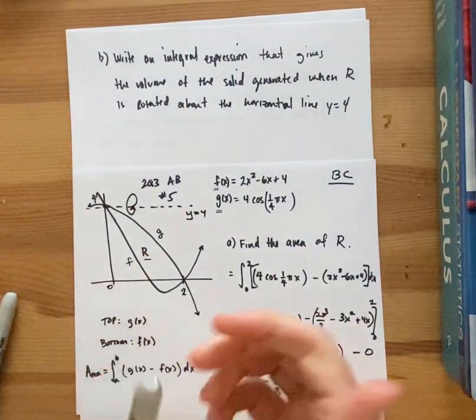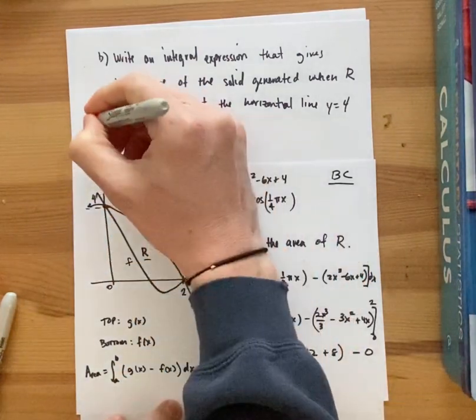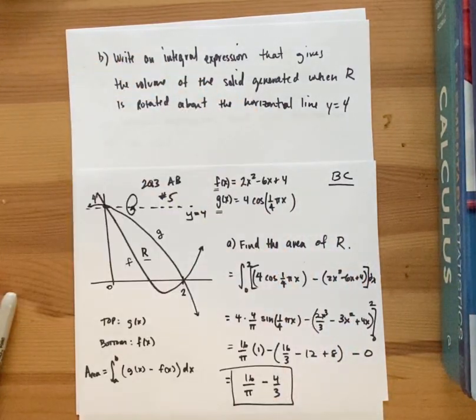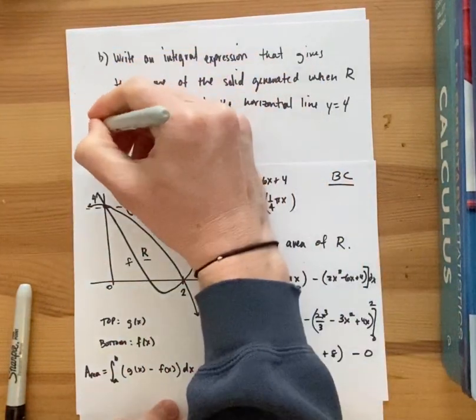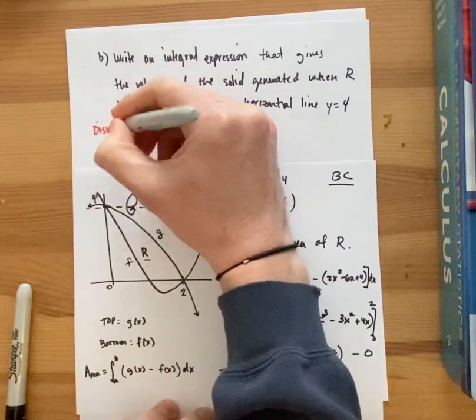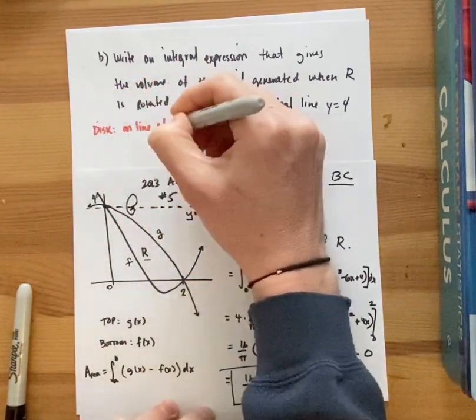Okay, and you can see now with this rotation around the line y equals 4, we have to figure out, is it washer or is it disc? So remember, the way you can remember disc is it touches the line of rotation, or it's on the line of rotation. So disc is on line of rotation.